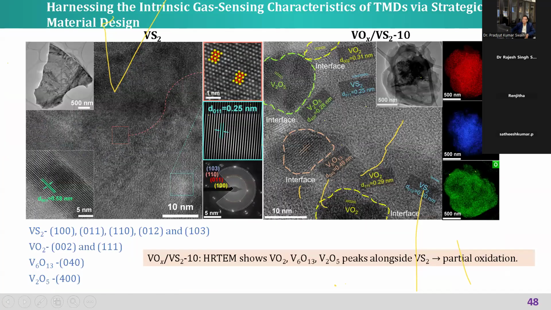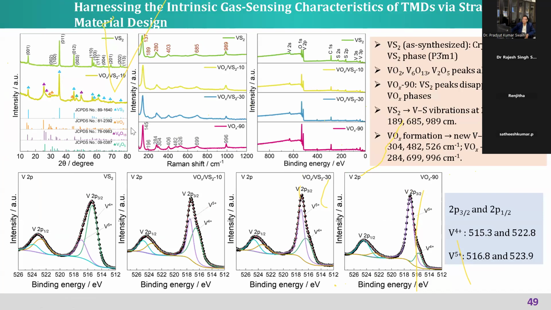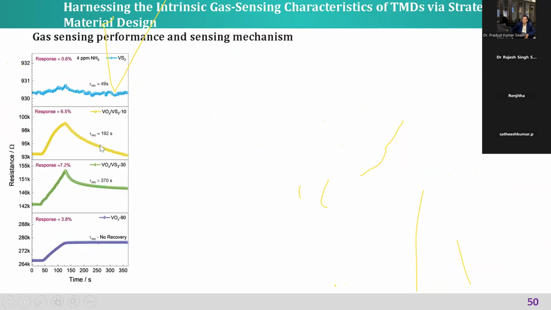Now we analyze it further with TEM. We show that both VS2 and VOx phases, sometimes VO2 or sometimes V2O5, are present in these samples. We further do X-ray diffraction, Raman scattering, and X-ray photoelectron binding energy studies to analyze these samples in detail.